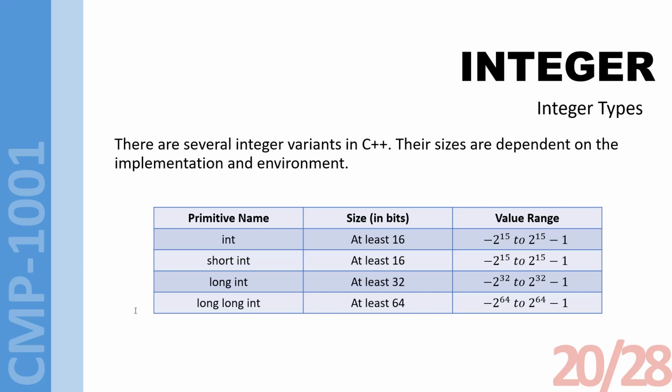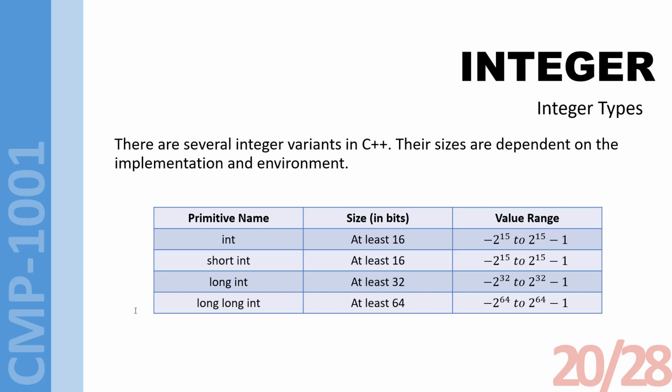If you use, on the other hand, a long int, then you will be able to put a 1 trillion value inside a variable. So these 4 variants of int are int, short int, long int, and long long int, which, if I'm not mistaken, has been added in C++11, but I might be mistaken.